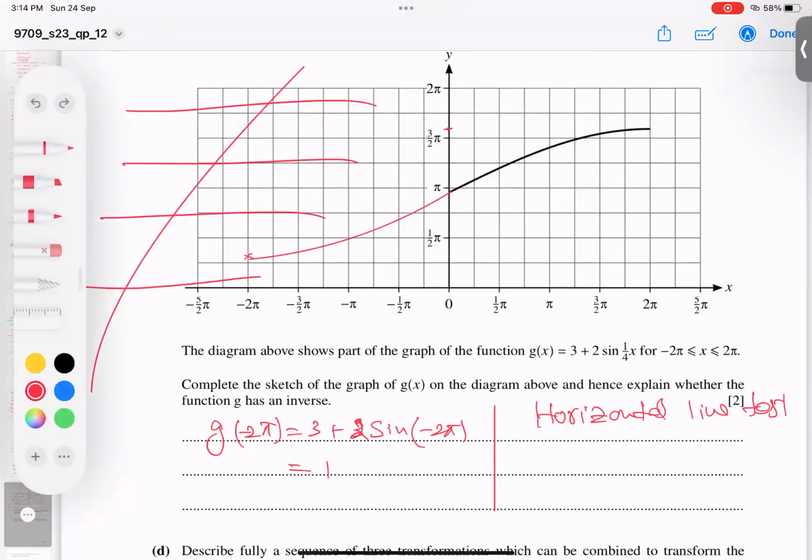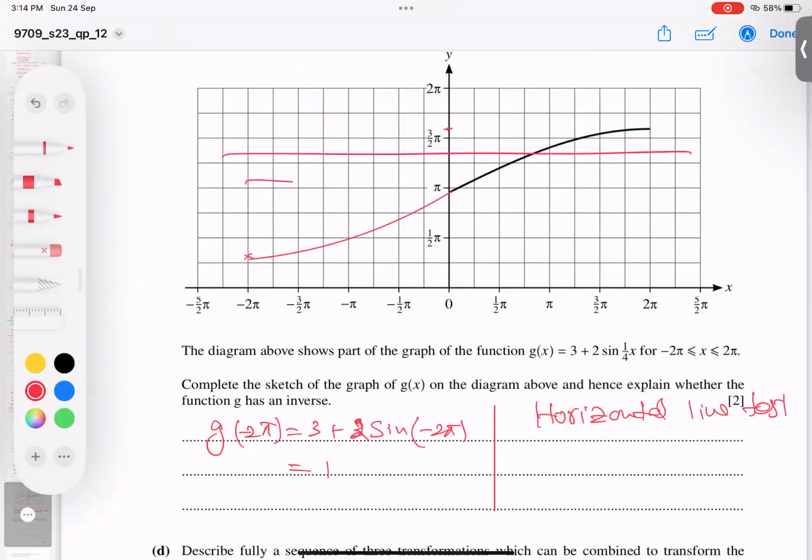It means it is a one-to-one function, because for a one-to-one function the inverse exists. It cuts the curve one time, so it is one-to-one, so the inverse exists. I think the idea is very clear.